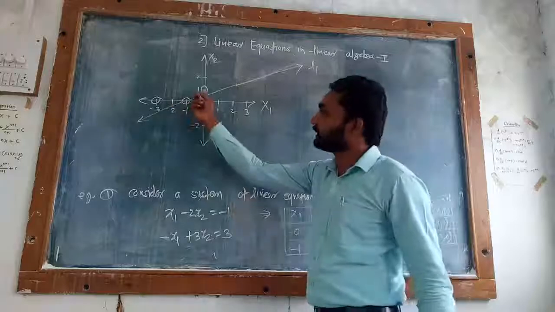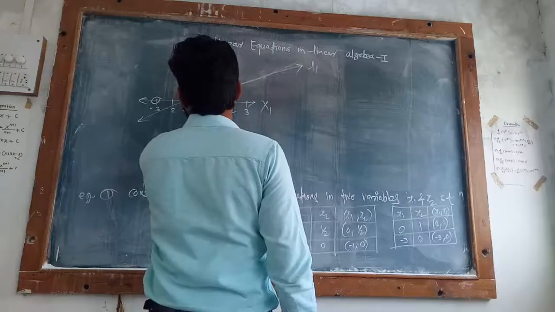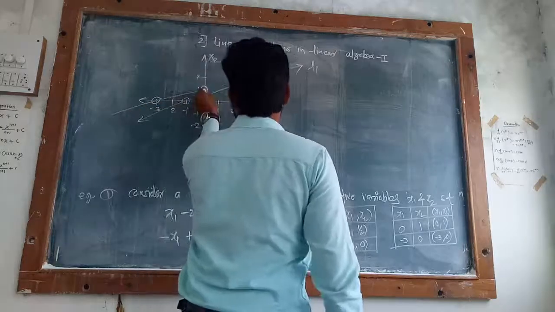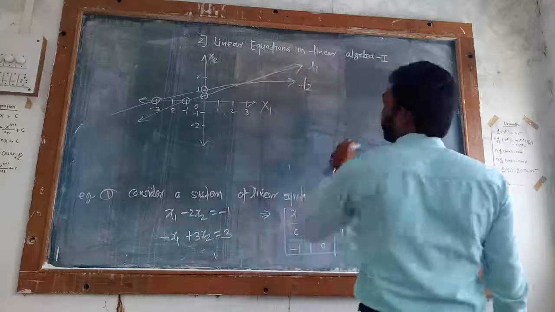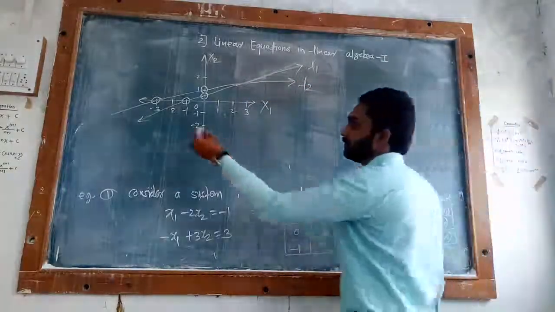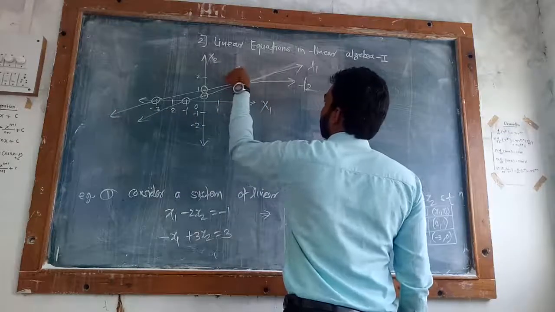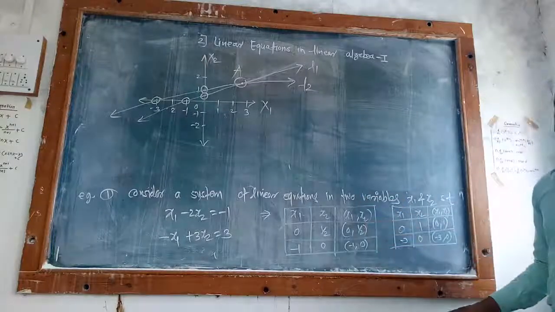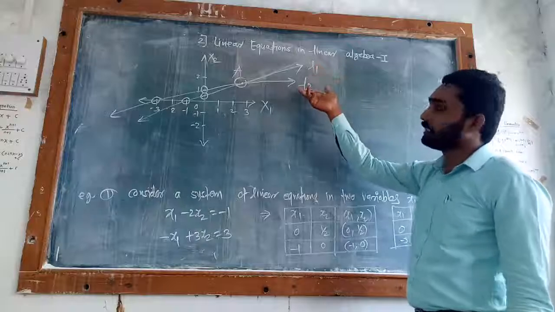Now we have to join these two points. This is your line L2. Suppose this point is your point A. So from plotting these two linear equations, we have drawn lines L1 and L2.